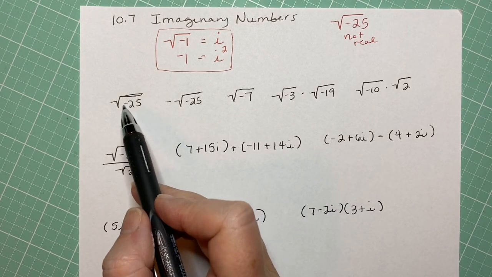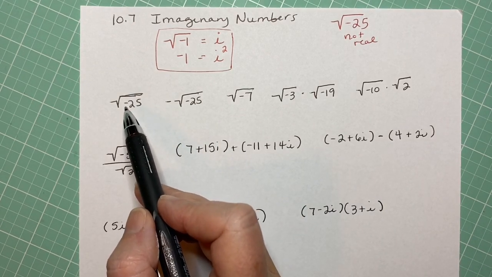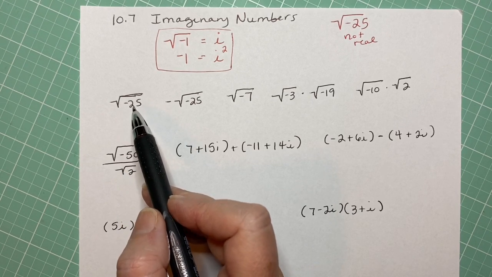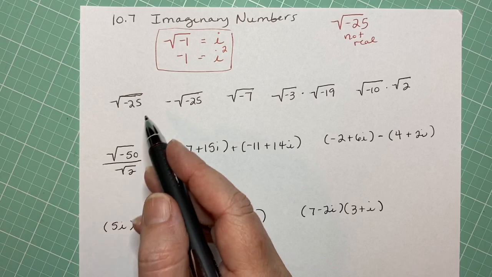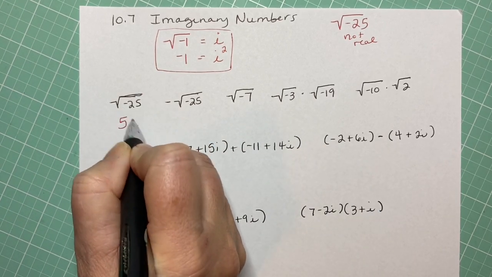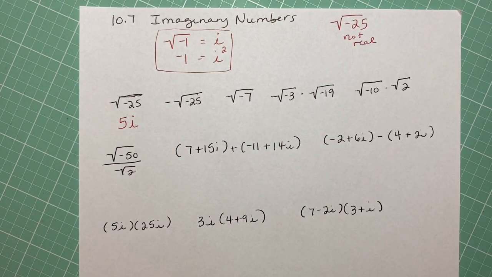At the beginning of this test, we would have said that the square root of negative 25 is not real. That's true. But now in test 4, we're going to say that the square root of 25 is 5, and that negative comes out as an i. So now we can take the square root, it just comes out as an i.